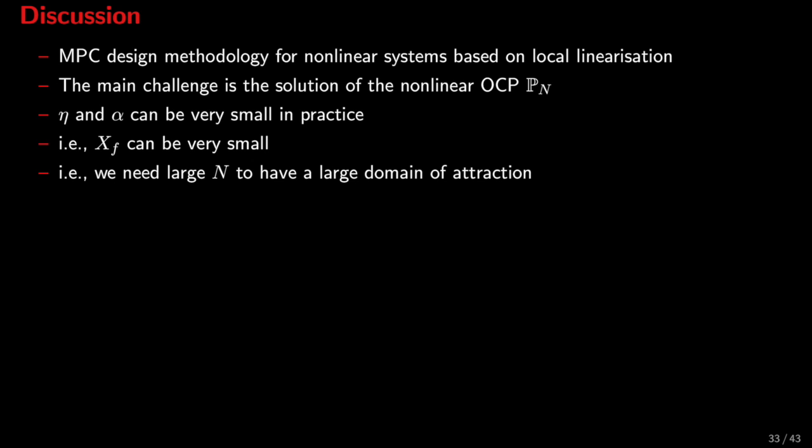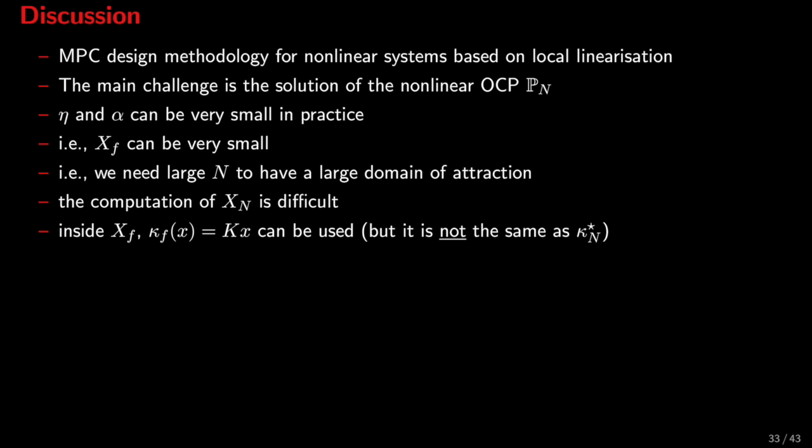This means that one would need to go for a very large prediction horizon to have a decently large domain of attraction. And the computation of Xn, the computation of the set of feasible states, is again a very difficult task. So there are many challenges around nonlinear MPC.